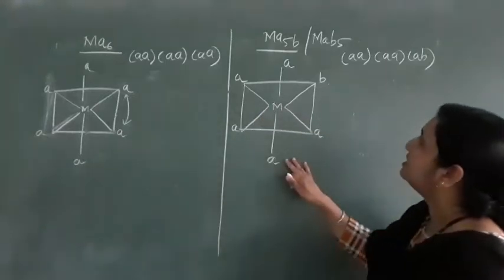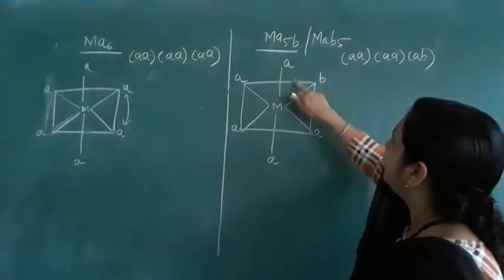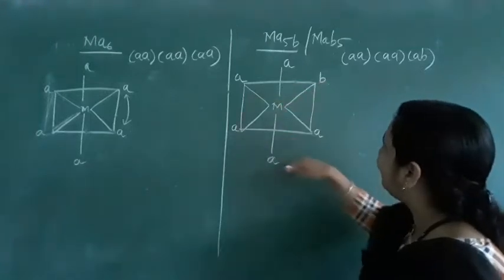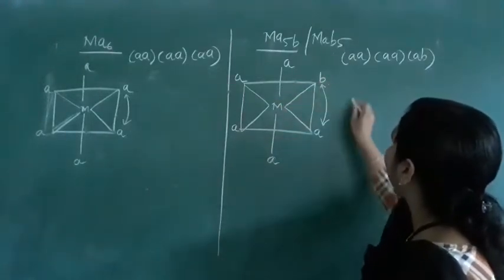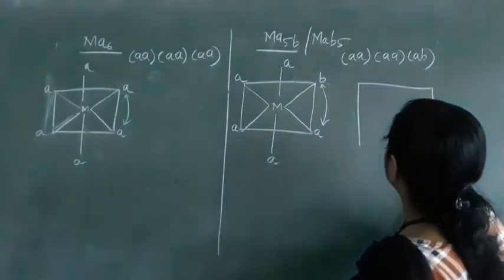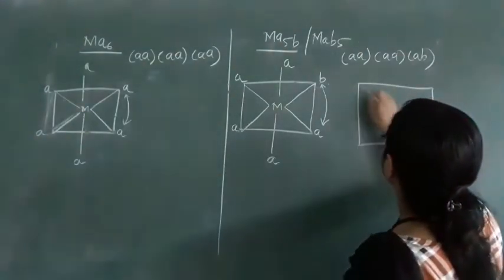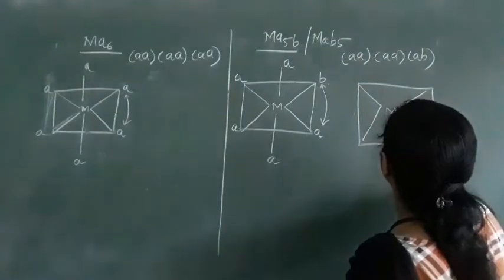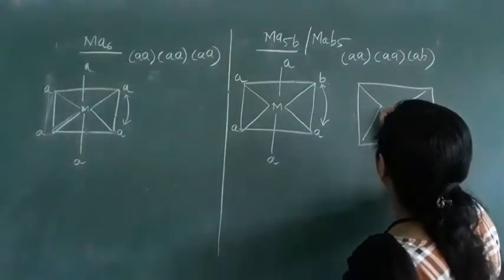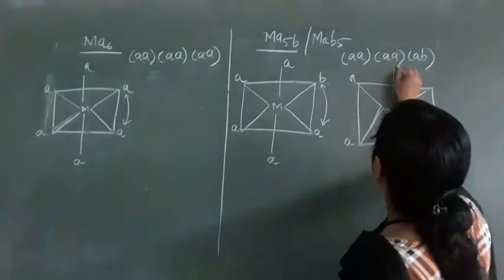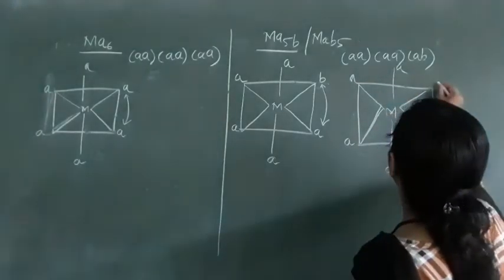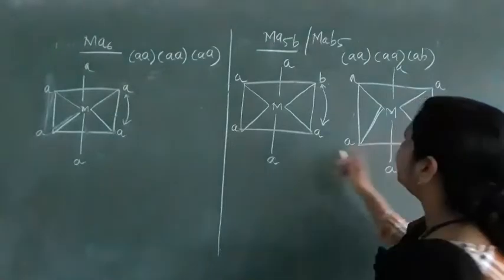Similarly here, if you see MA5B, here we have 5 A and B. If we flip this one, what will we get here? We will get this structure. Same here, A will be there, here A and here B. But in this case, what will happen?